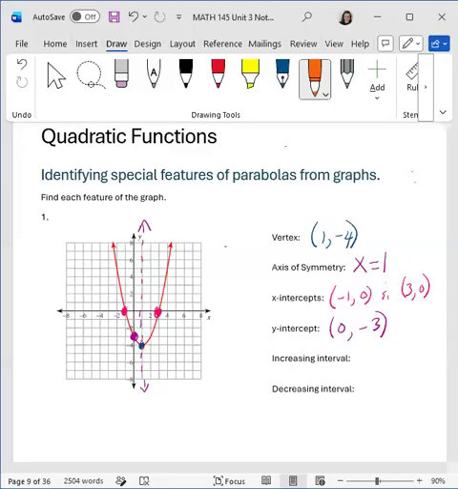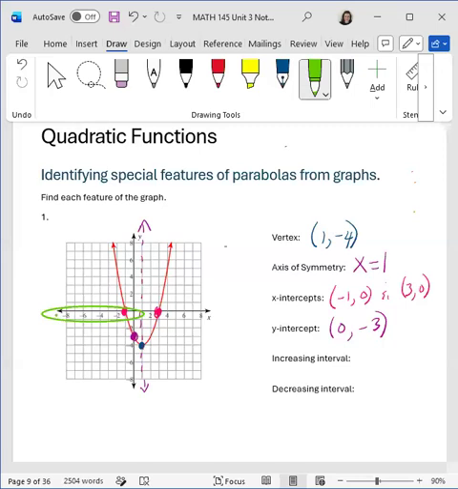So I would name these by the x-coordinate, and if I look specifically at this x-axis, I can change colors. This part of the x-axis is where the parabola is decreasing in value.